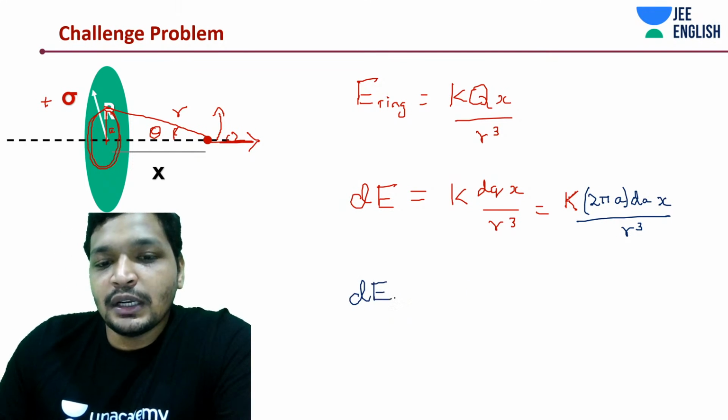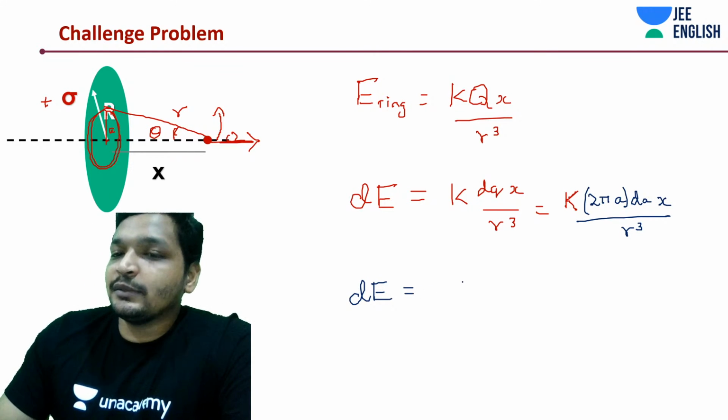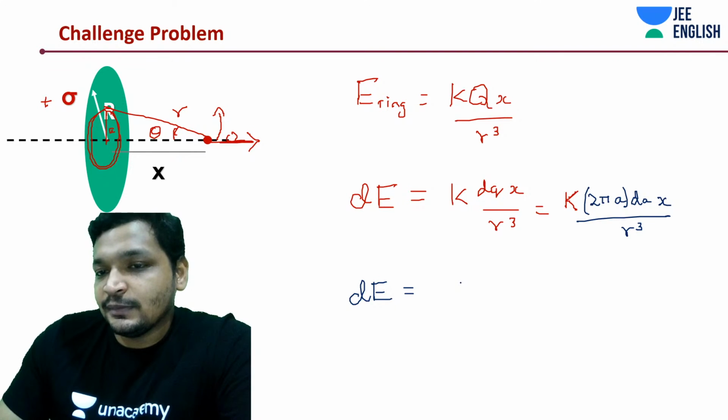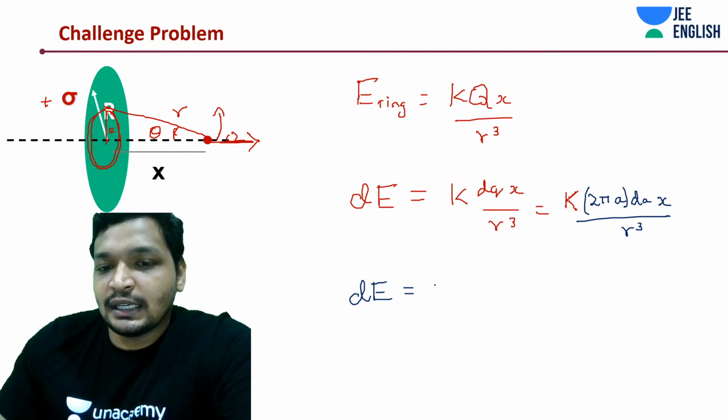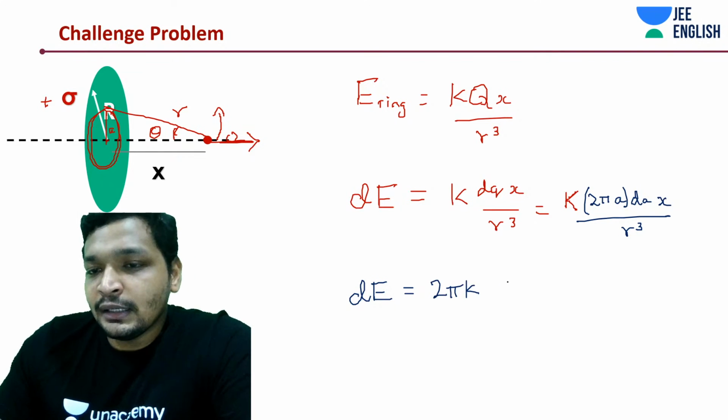Move to the next one and substitute the value of a in terms of x and tan theta. We have 2 pi k, dA.